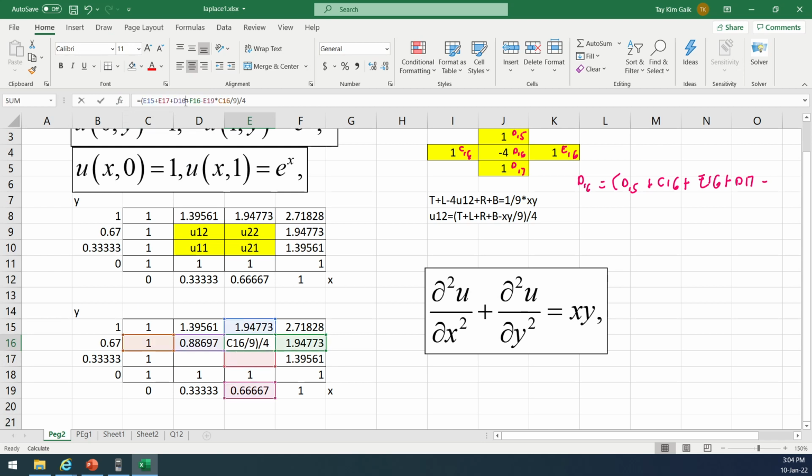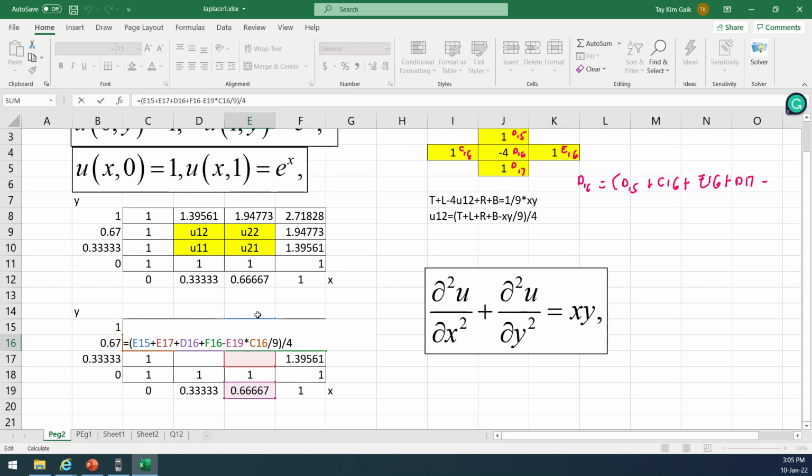You see when you copied, what is the problem there? We are now at E16. The problem is with the xy we created. x now is E19, x correct, y is C16. Do you see that the y is moving?